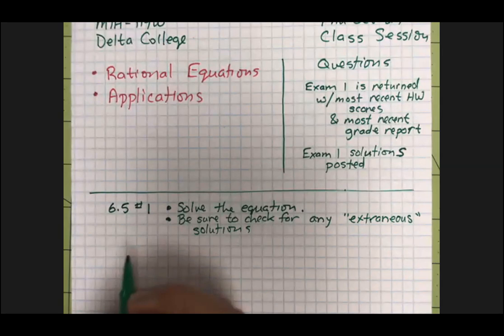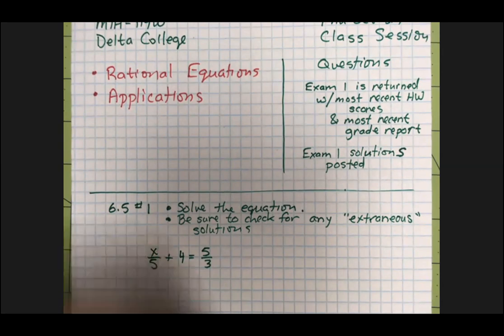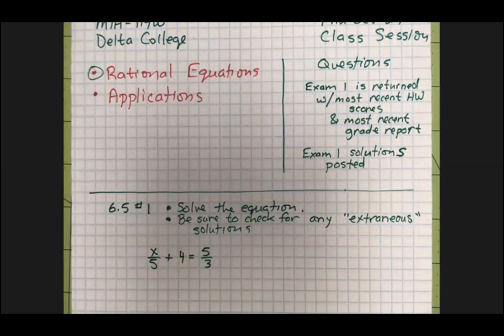And problem number 1 is x over 5 plus 4 equals 5 over 3. Now, why should I call this a rational equation? Well, remember, a rational expression is just a ratio of polynomials, a fraction made out of polynomials.